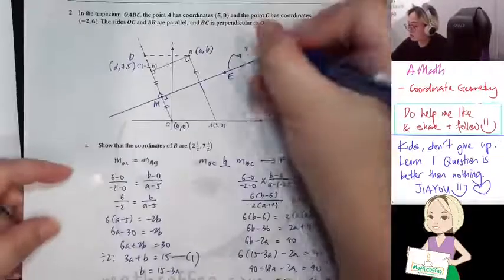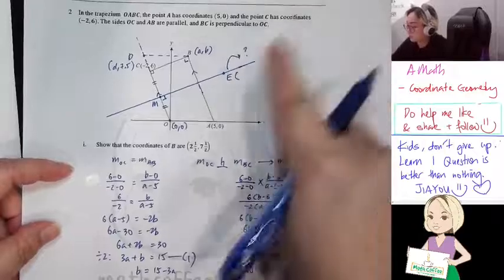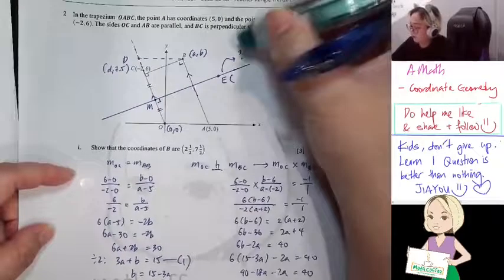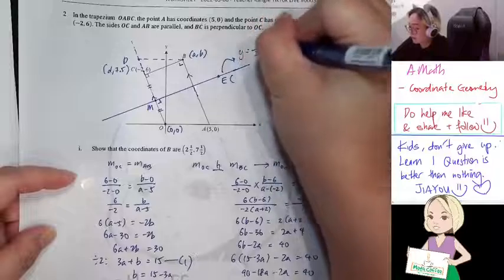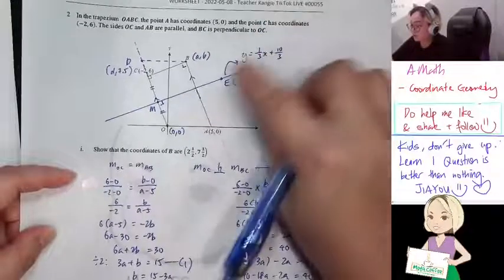Let me just fill up the blank first. This one we already solved, which is y equals 1/3 x plus 10 over 3. This is this one.